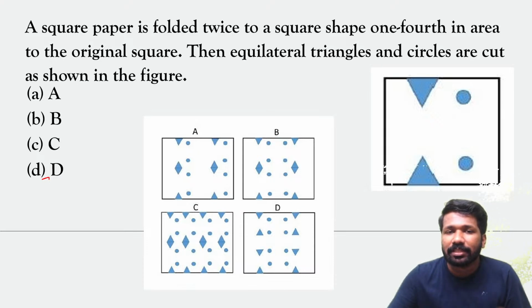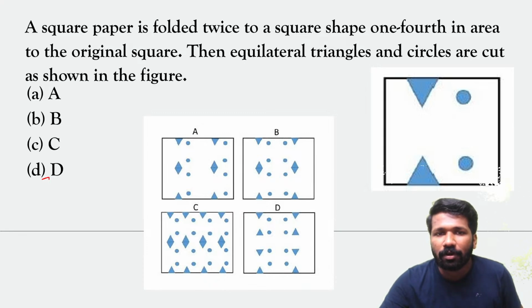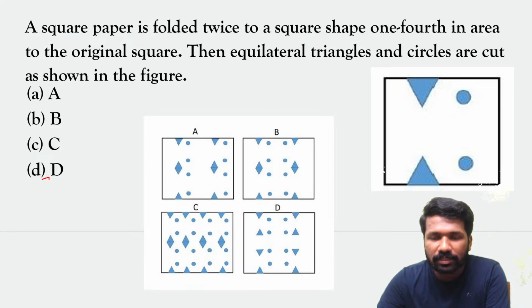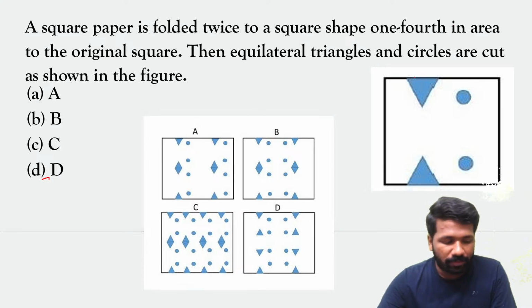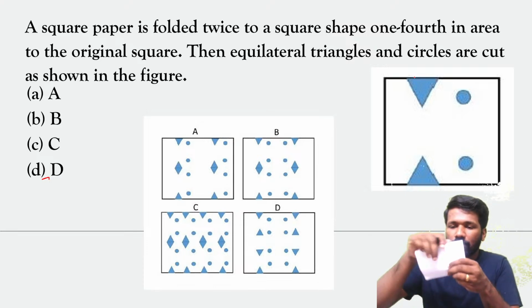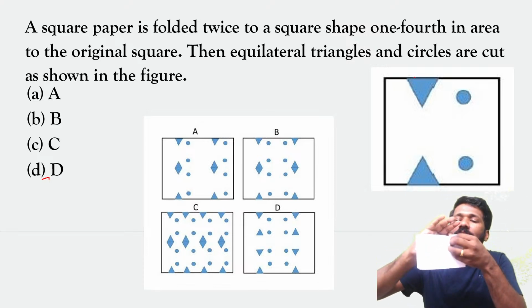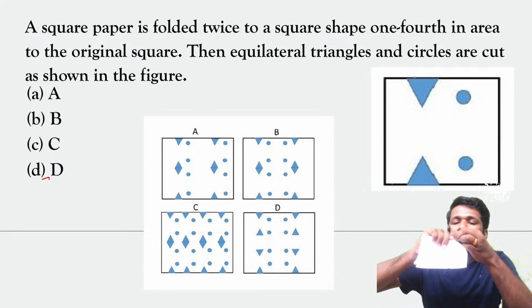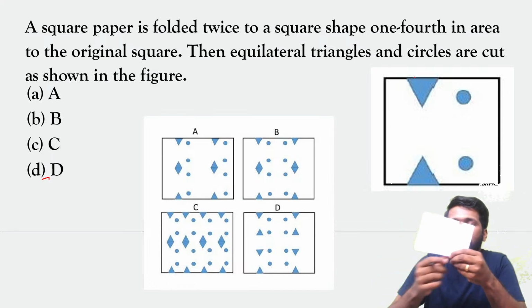Then you are cutting like this. The question says that after folding like this, it is cut this way. That means on the top also you are making a triangle like this, and on the bottom also you are making a triangle here.